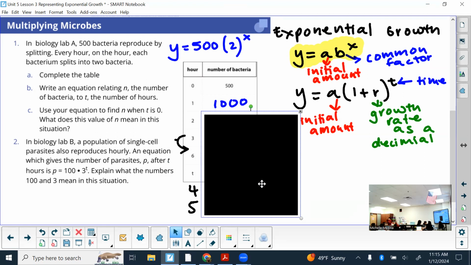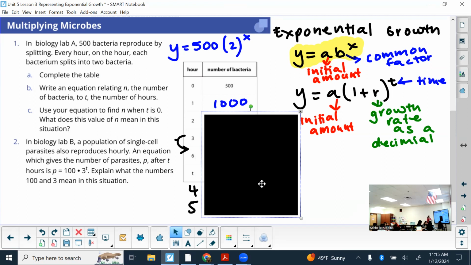So is the bacteria growing or decreasing? If each cell is splitting into 2, should I expect more as we go on or less? More, so it's growing, which makes sense because this whole lesson is called representing exponential growth.